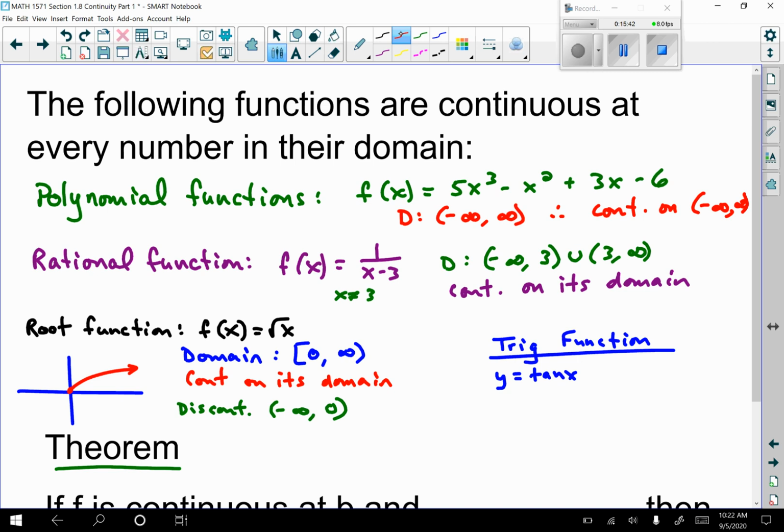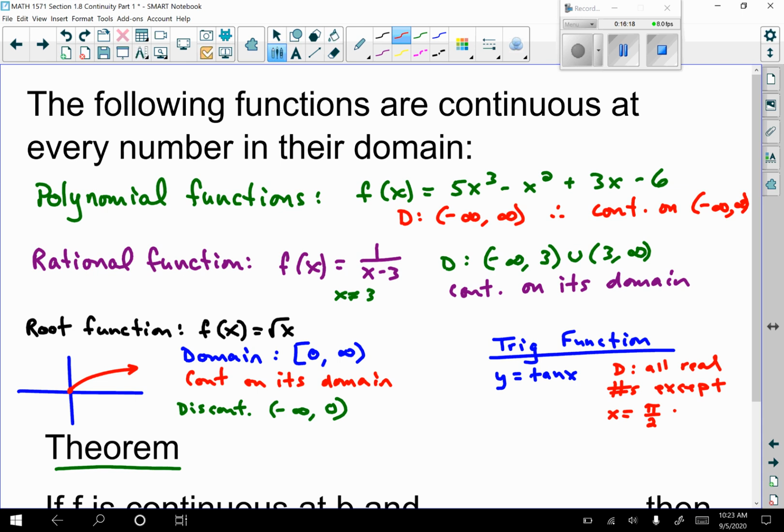So if you recall from Appendix D, y equals tangent x has asymptotes at like pi over 2, 3 pi over 2, because at pi over 2 tangent is undefined. So we would say its domain is pretty much going to be all real numbers except, just abbreviated this way, except where x is equal to pi over 2, and to keep adding, because the period is pi, I'm going to keep adding pi units to the right and then pi units to the left.